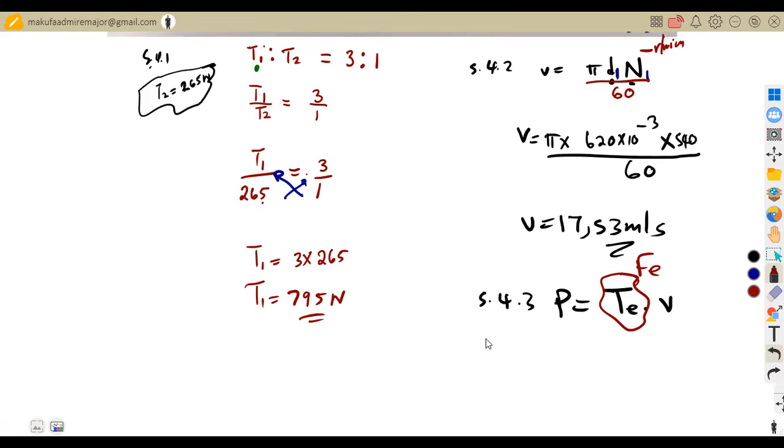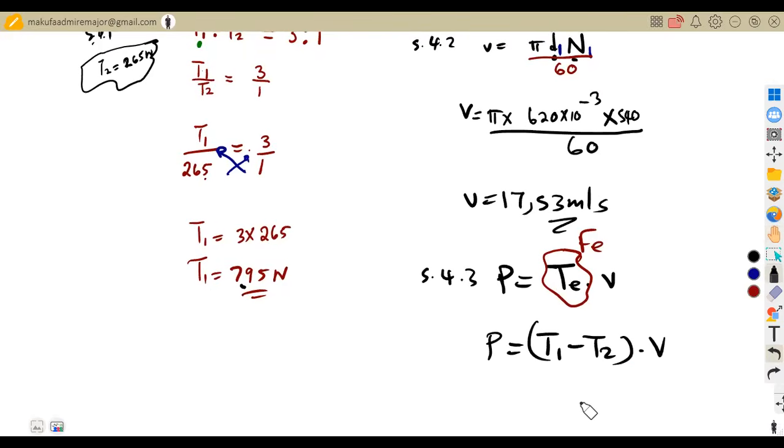But where exactly are we taking this effective force or effective tension? It is the difference between T1 and T2. So our P can be given as T1 minus T2 times the velocity. We calculated T1 already, and we have our T2, so we are just going to substitute. So our power is the tight side, which is 795, minus the slack side.